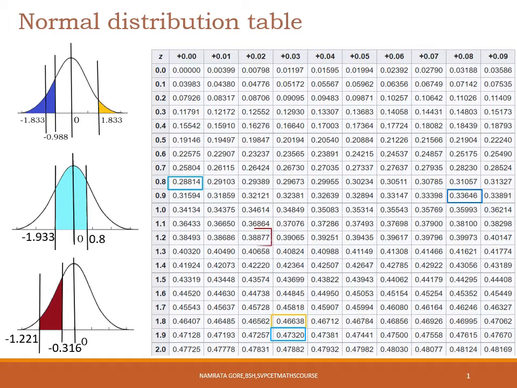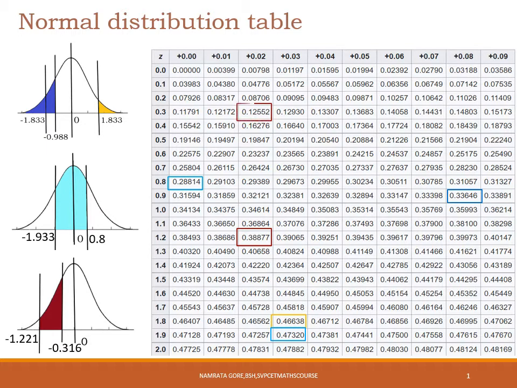So first, we get the area between z equal to 0 and 1.221, so this is 1.22, so 0.38877. This is the area between this line and z equal to 0.